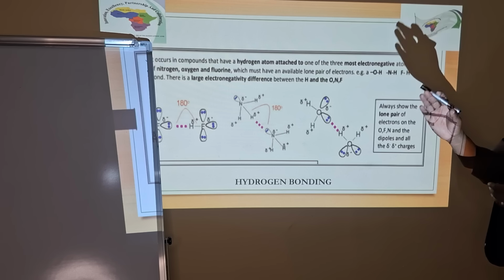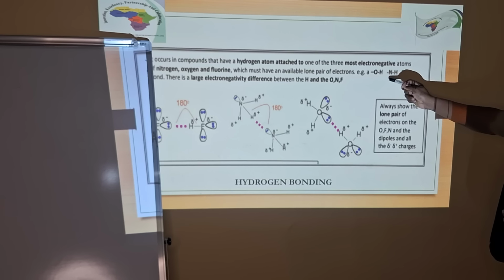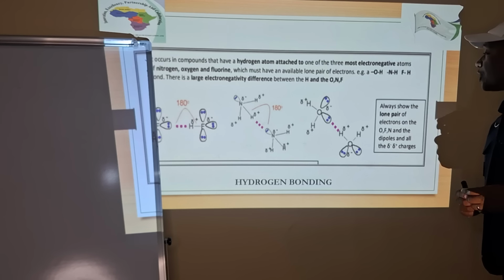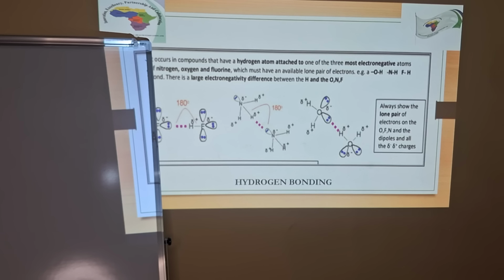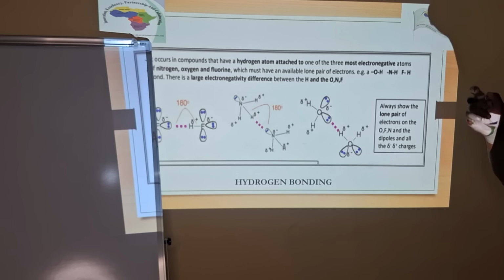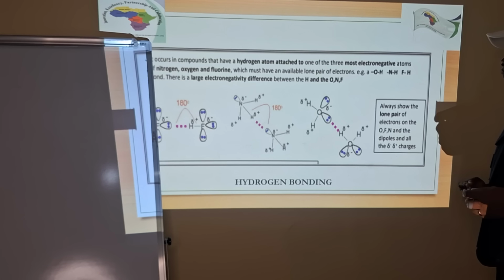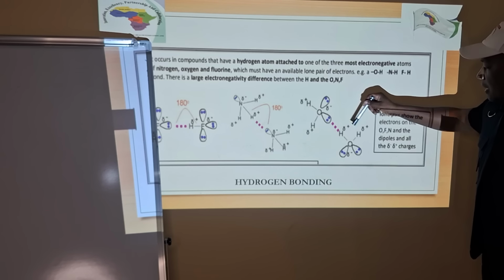So whenever we have the formation of a bond between a hydrogen atom and any of the 3 electronegative atoms, there arises what we call hydrogen bonding. The large electronegativity difference between hydrogen and each of oxygen, nitrogen, and fluorine is what gives rise to hydrogen bonding.